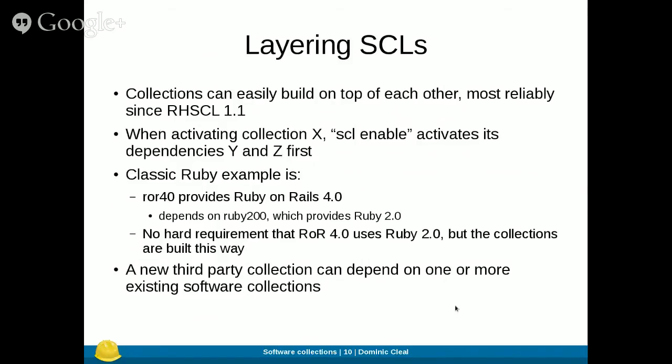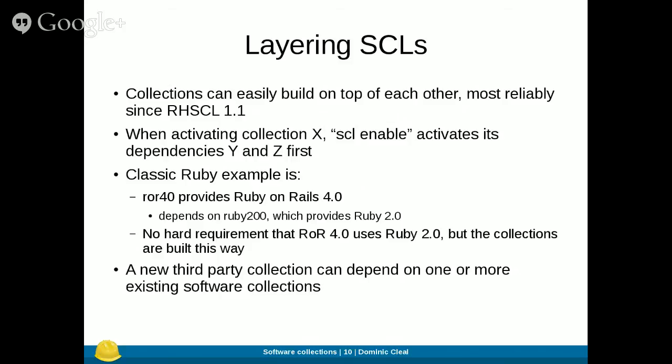RHSCL 1.1 added a neat feature which allows us to create new software collections that use existing collections. So this means we can now scl enable foreman, and it automatically enables any dependencies we've specified too. RHSCL has a nice example for this now.